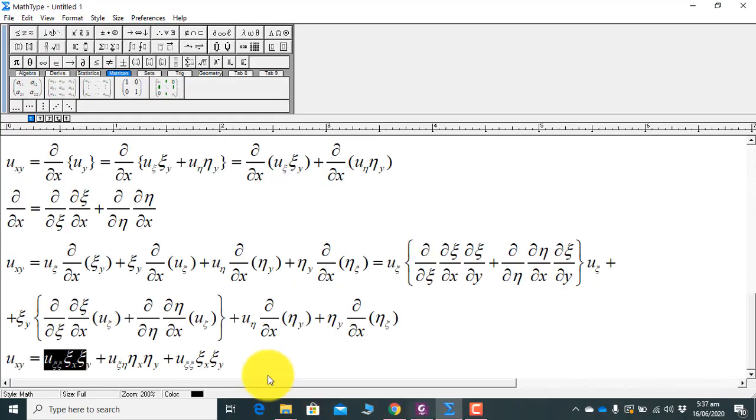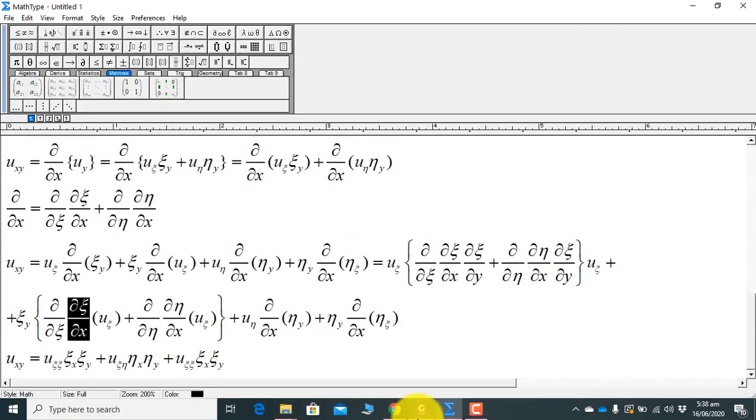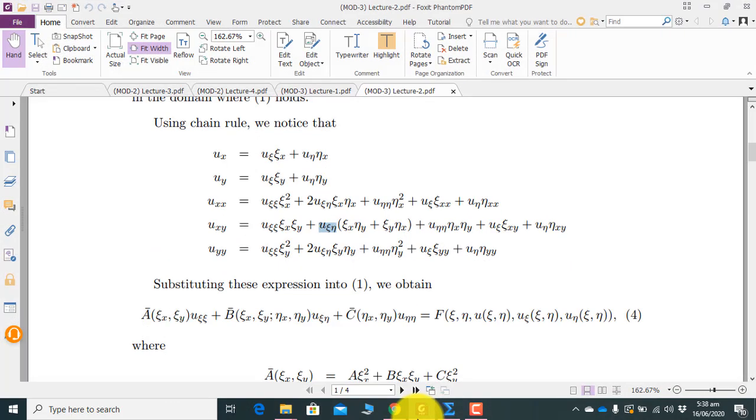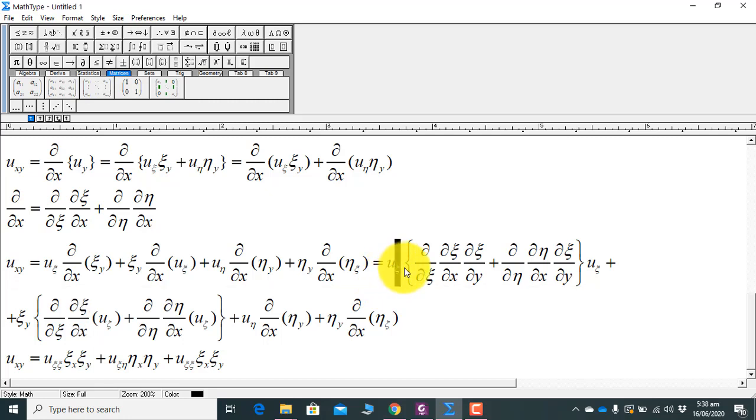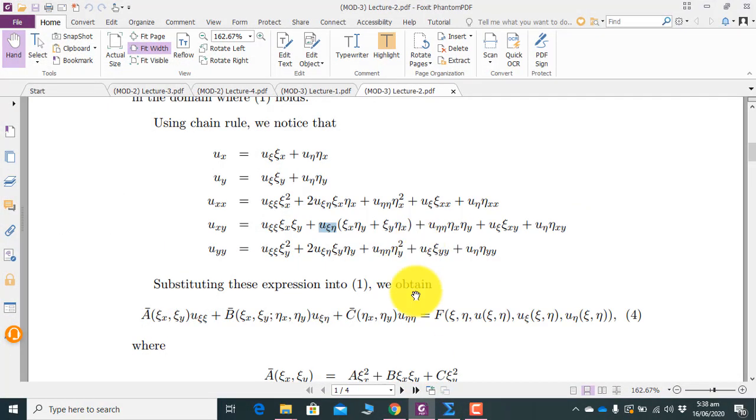You cannot put it like that. Instead you do one more thing. This is xi x and this is xi y. I think I have made a mistake for that term. Maybe this was u xi and xi x xi y, sorry, u xi x xi y is there.